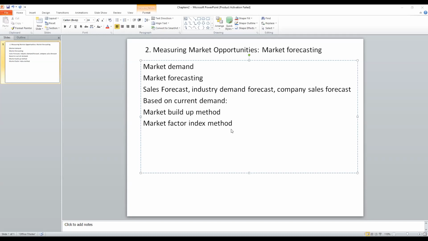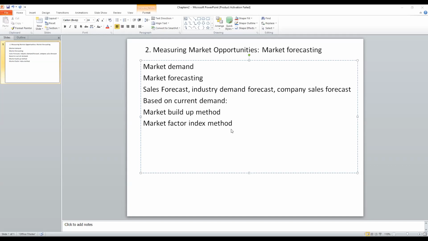Now, here there are certain methods in terms of forecasting, how the companies go for this forecasting. Companies usually take into consideration the environmental forecast, the industry forecast, and the company forecast.